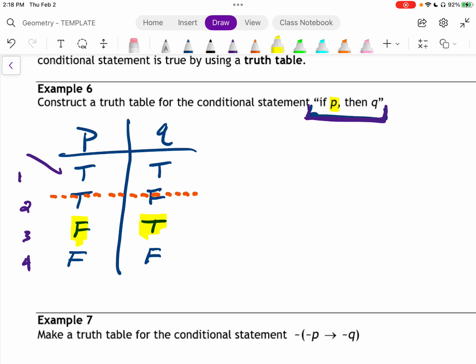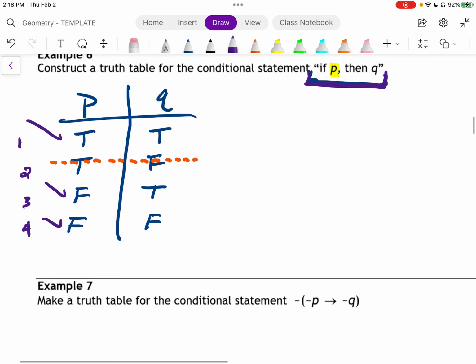That's kind of the way that I think about this. That false going to true, that's okay, because from false you can't conclude really anything from it. It can be true or false. So that there is our truth table, and we want to think about how that second line wouldn't work out if this was a true statement.